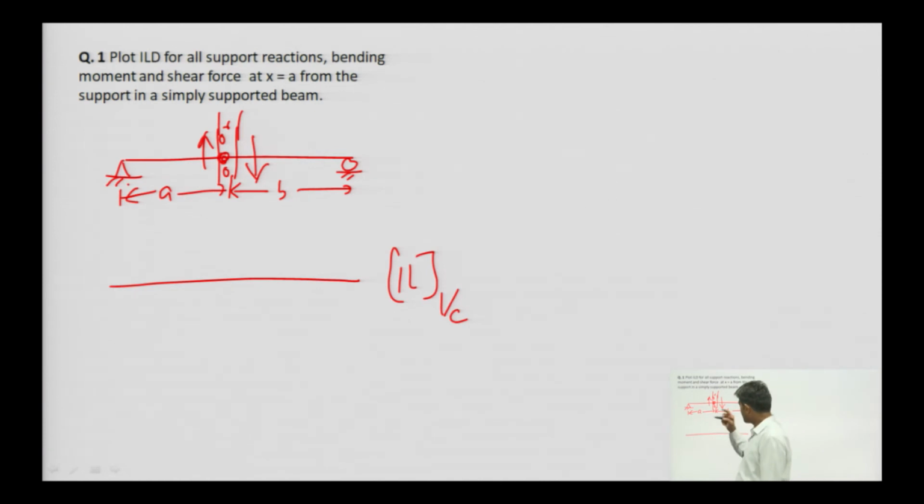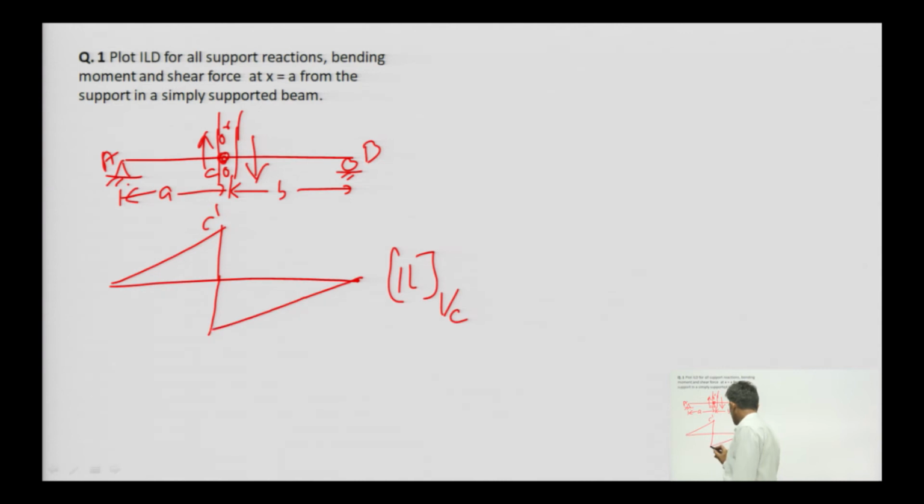Right. Then this left part, suppose this is A, this is point C, this is point B. So, the left part will move in the upward direction. Okay. Since A is a hinge, this C point will go to C dash. Similarly, for the right hand part, this segment will rotate at point B and it will be C double dash.